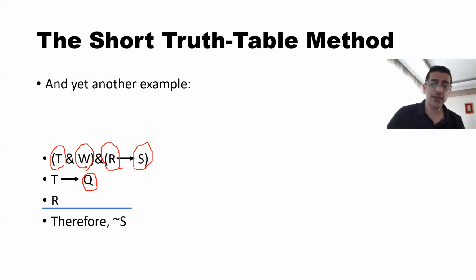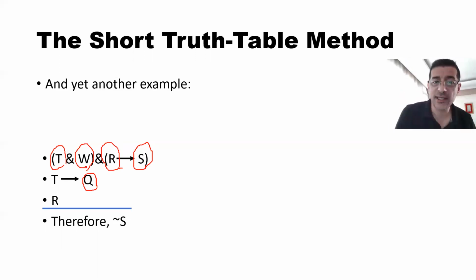So how many rows do I need for this? That would be 2 raised to the 5th power. So that would be 2 times 2 times 2 times 2 times 2. That is 2, 4, 8, 16, 32 lines.